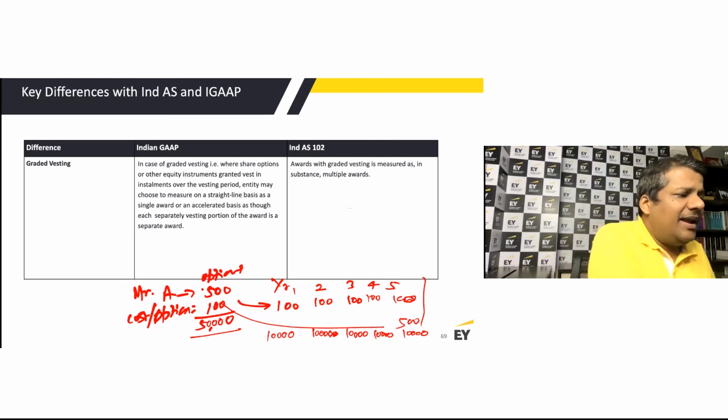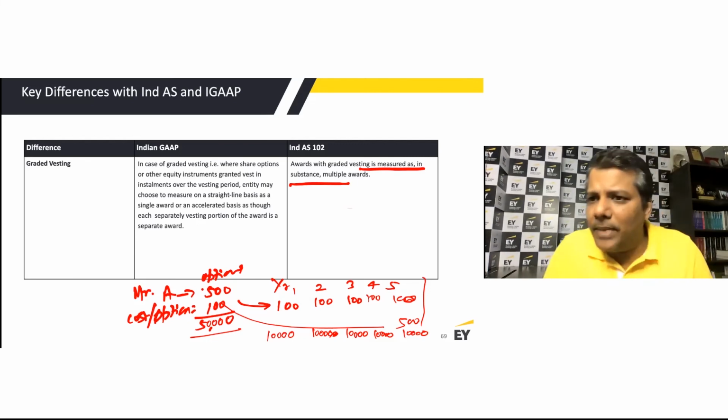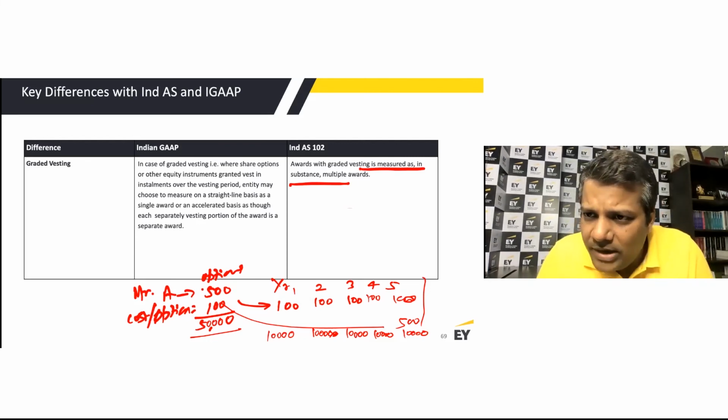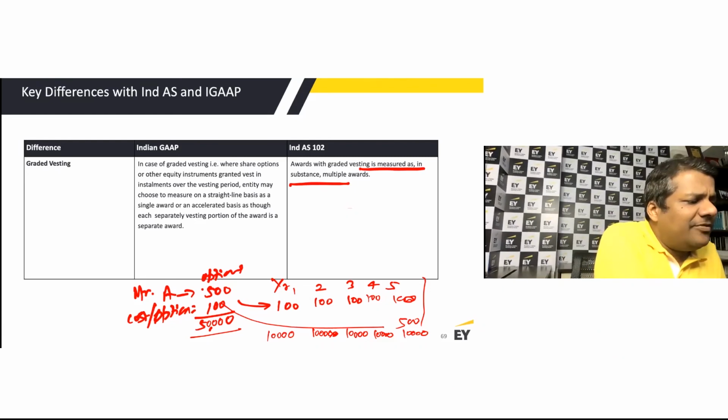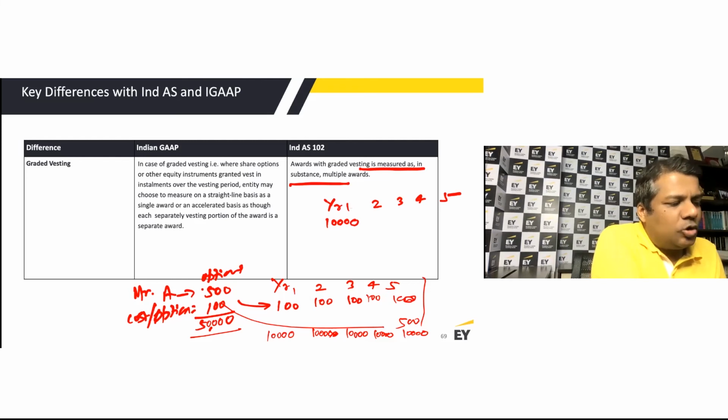However, Ind AS suggests that graded vesting is, in substance, multiple awards. What does that mean? Every year is treated as an independent award. So in year 1 you will record 10,000. For year 2, you will record 5,000 and 5,000.